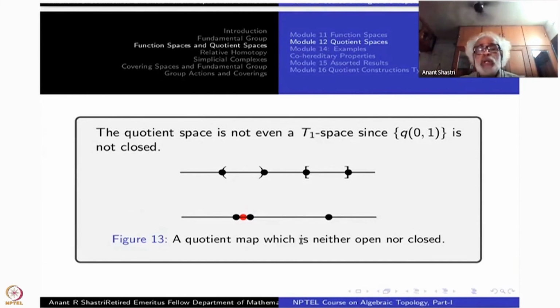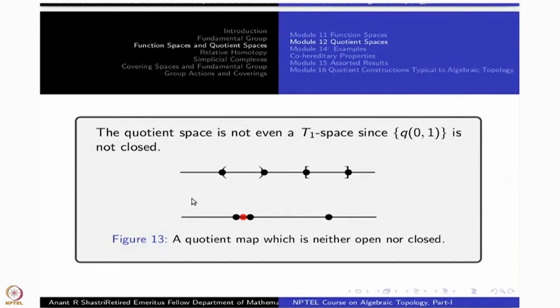In particular, the quotient space is not a T1 space because the image of 0 here and the image of 1 here cannot be separated by open sets. If you take any neighborhood of the red point, the image of this open interval, it will contain both of them. So it is not a T1 space. So singleton 0 is not open is enough to say that it's not a T1 space.